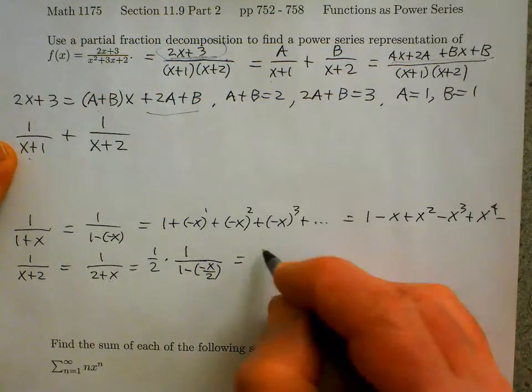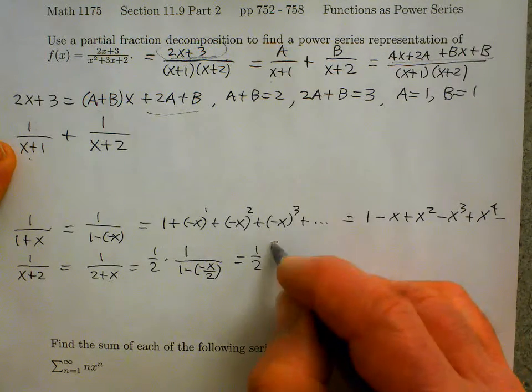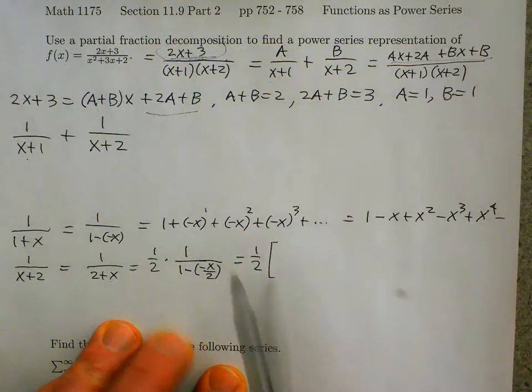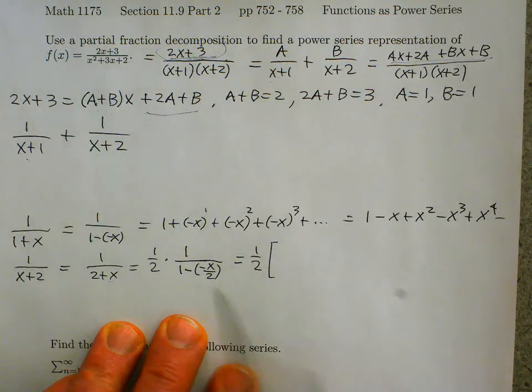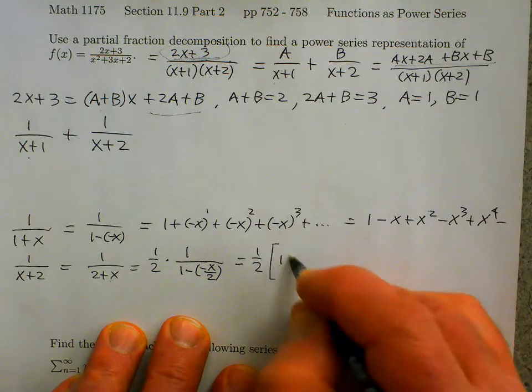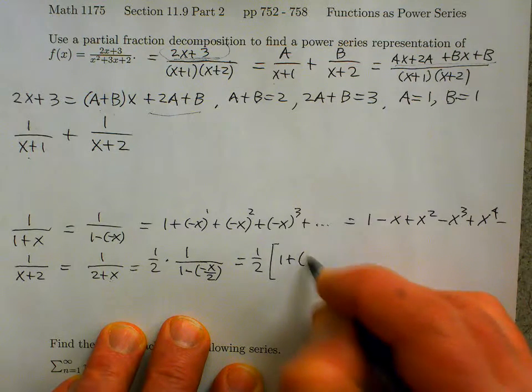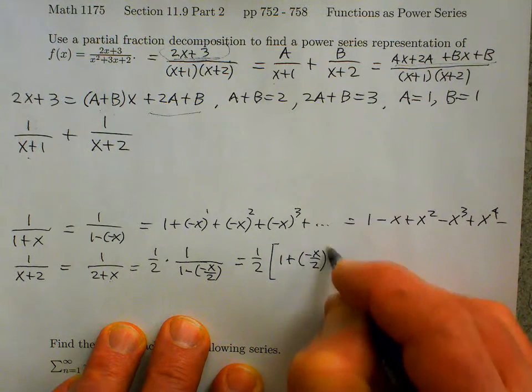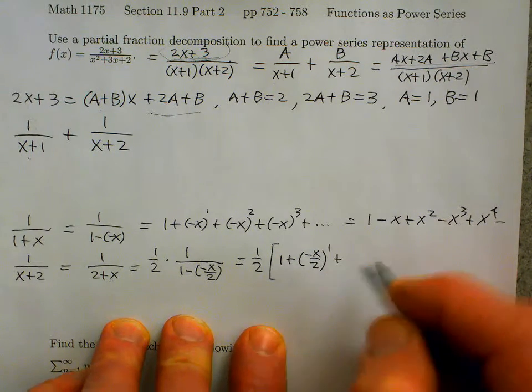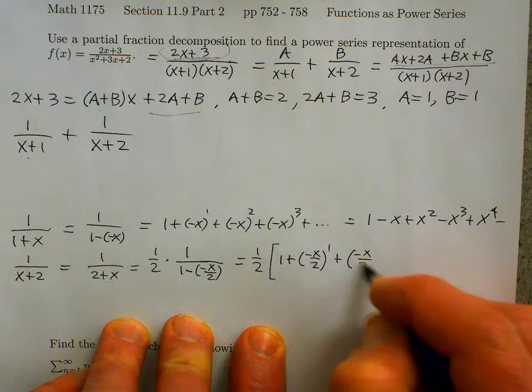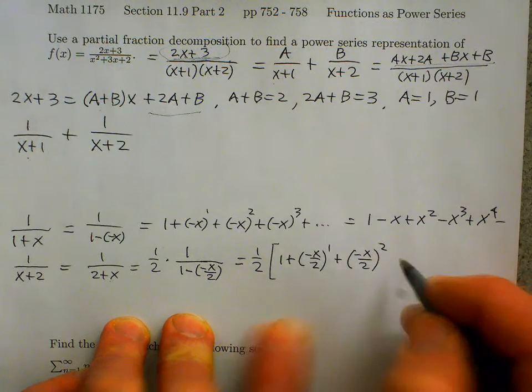So we'll get 1/2 times the power series of this, which will be 1 plus negative x over 2 to the first plus negative x over 2 to the second, and so on.